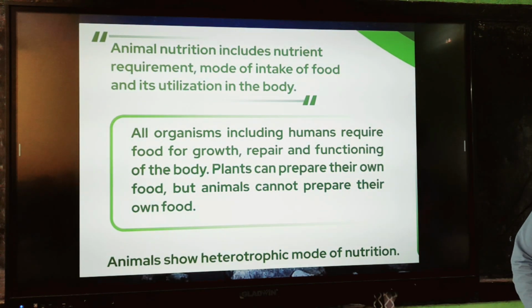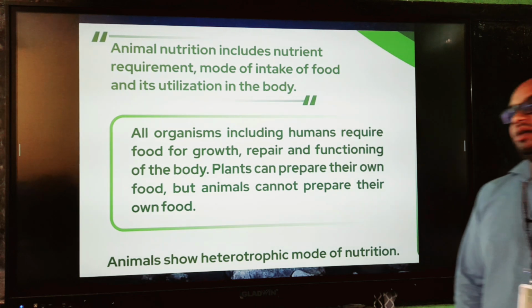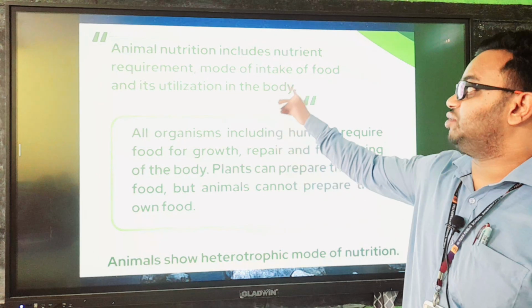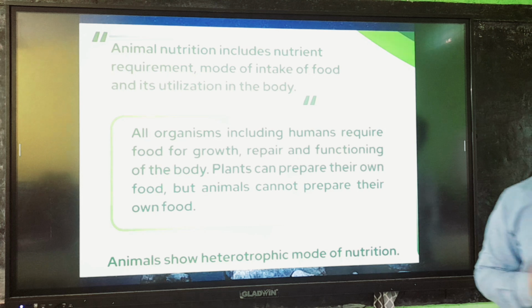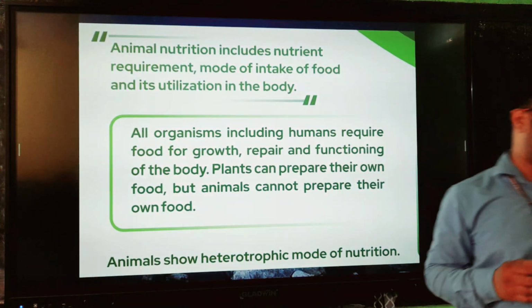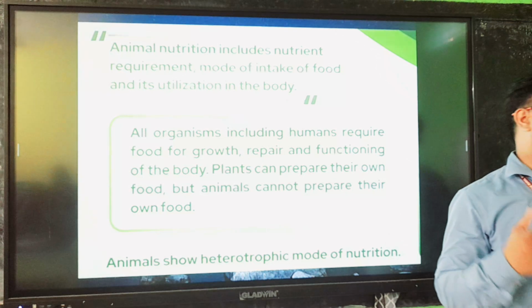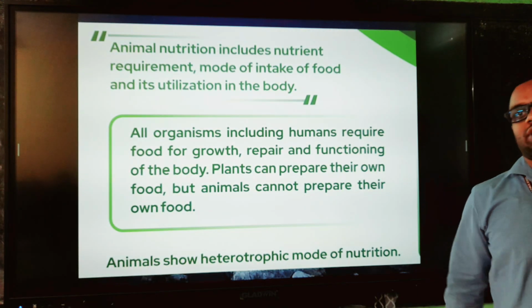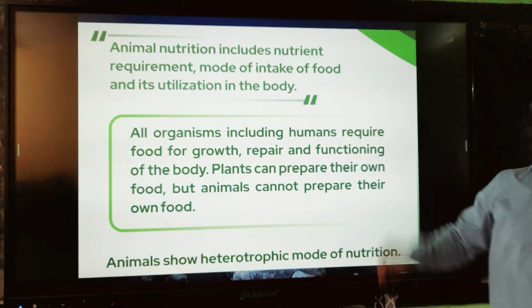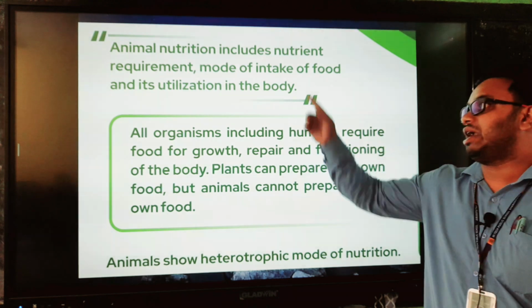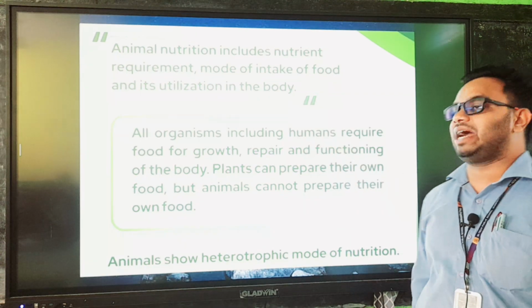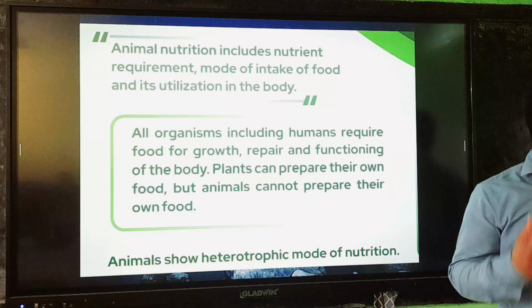So animal nutrition includes nutrient requirement, mode of intake of food and its utilization in the body. We need nutrients. Without nutrients we cannot survive. We cannot get energy for all the life processes, so nutrients are very important. Then mode of intake of food: how we are eating.